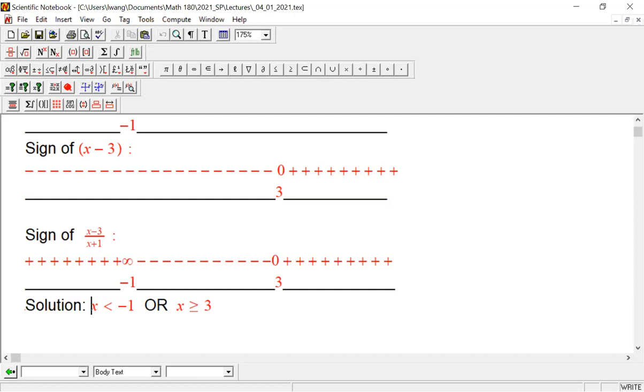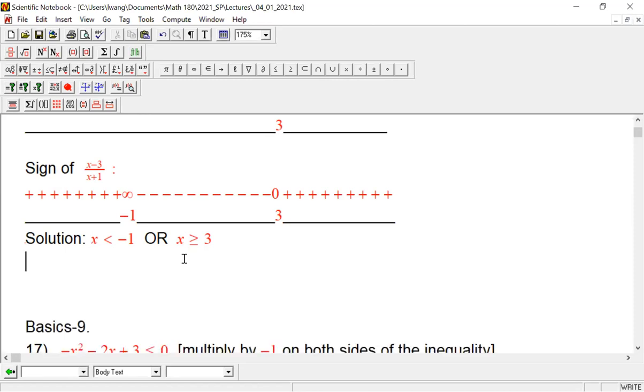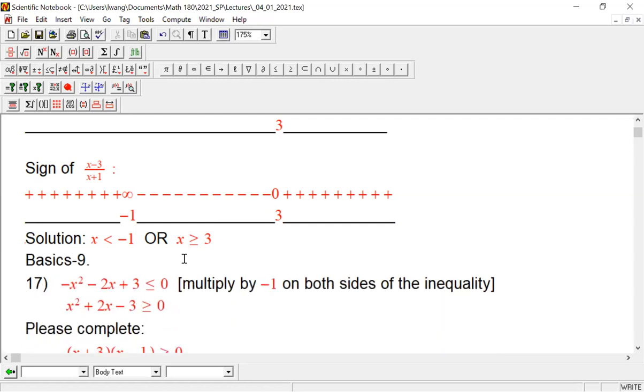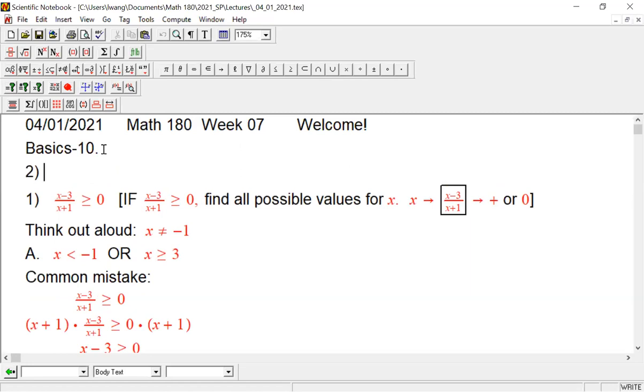And I want you guys to look at number 2. What would you do with number 2? Knowing what to do for number 1, what would you do with number 2?